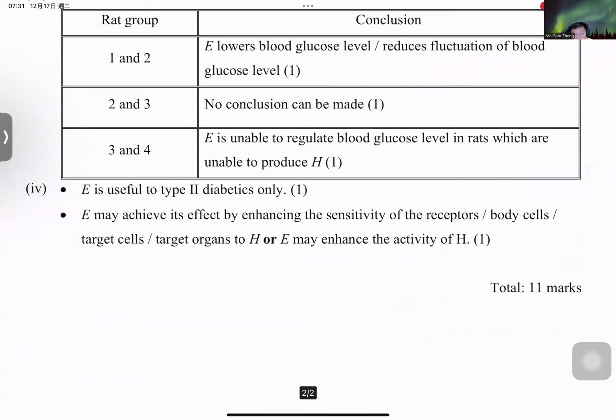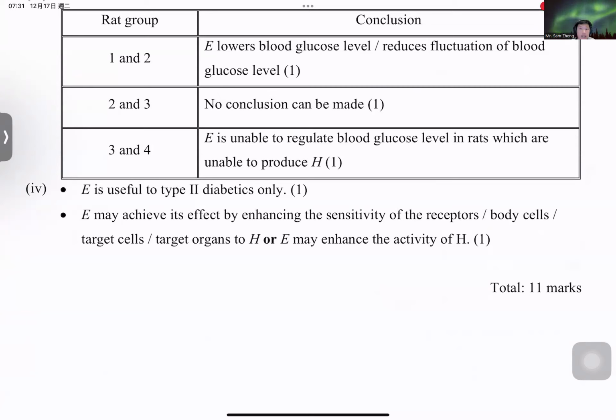So E will be useful for type 2 diabetes only because the substance E only helps those patients or those rats that can produce the insulin. But why can this help reduce the fluctuation and lower the blood glucose level?